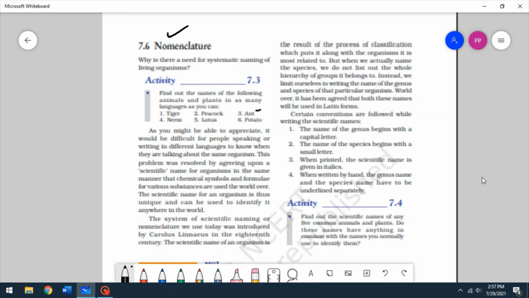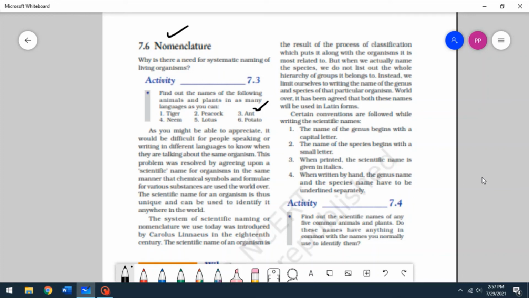I'm just reading off these examples, but it's going to be very difficult for people all over the world to talk about the same organism but use different words for it. That's why we have a scientific system of naming them. Irrespective of what language you speak, you call an organism by its scientific name, and others will be able to recognize it, provided that they know the scientific name for that organism.